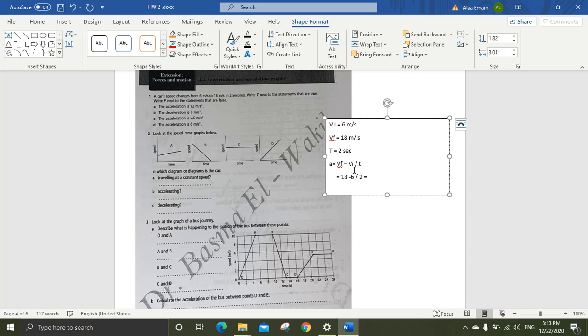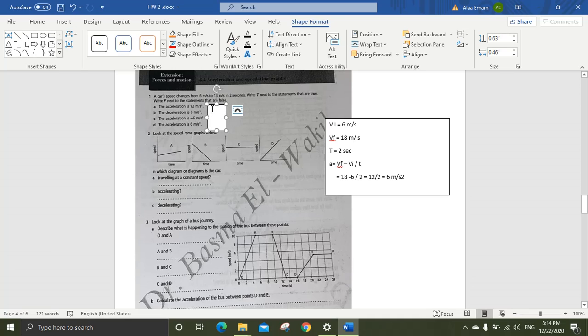So we get 12 divided by 2, which equals 6 meters per second squared. Now, to answer the true or false question, the acceleration is 12 meters per second, so obviously it's false. Meters per second squared, so it's false.